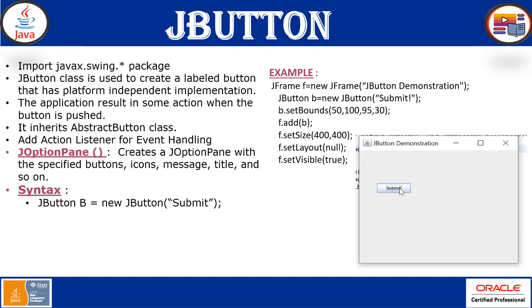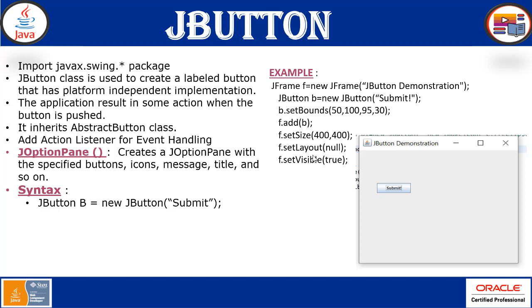When it comes to the implementation of JButton, the first thing is that we need to inherit the AbstractButton class, which is included in this package. The AbstractButton class provides a complete layout and gives you a small rectangle to have a button and do some kind of implementation inside it.